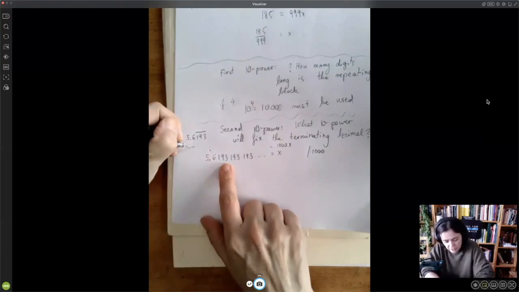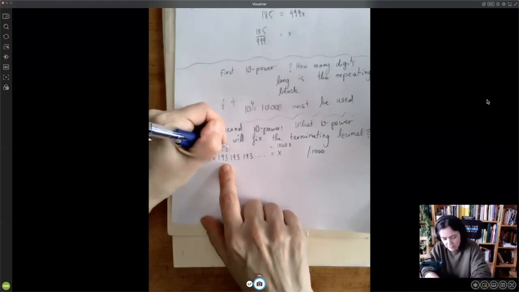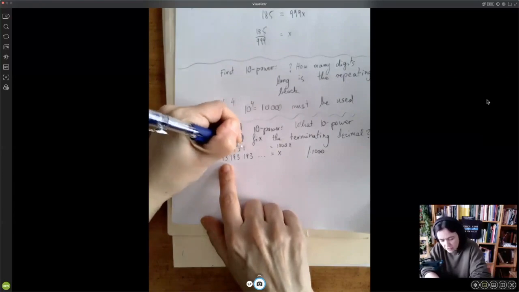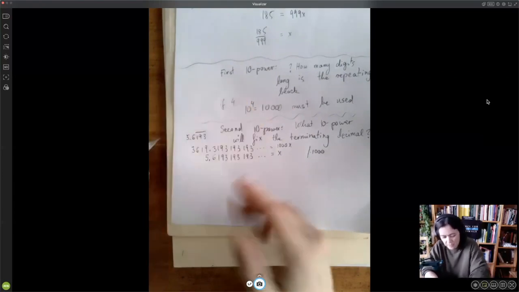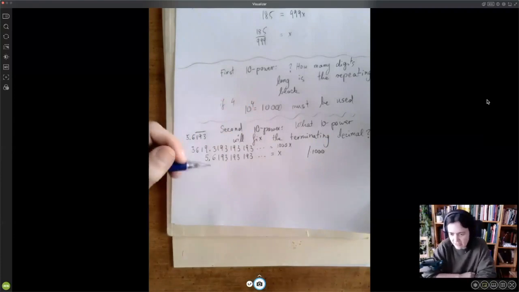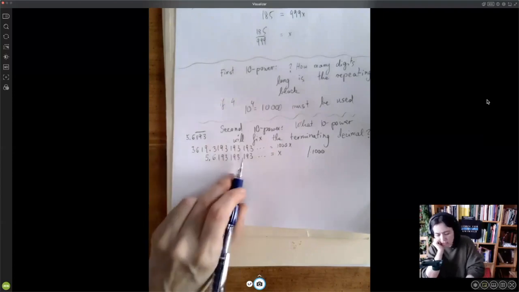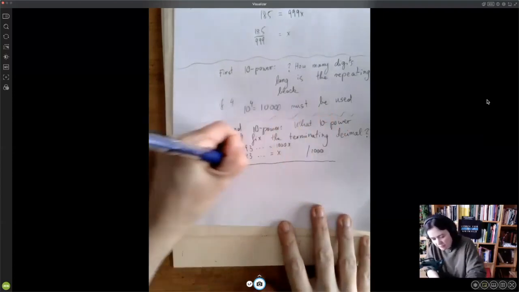So 5,619.319319. You really want to align them by the decimal place and don't fake it. You actually want to see that it is actually helping you. Okay, so now the infinite tail is going to be cut off if we do the subtraction.